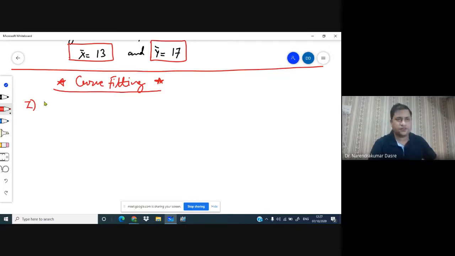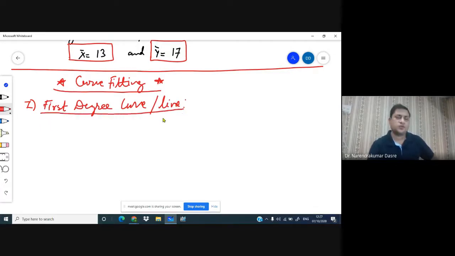So here we have first degree curve, or this is also called as line. Okay, so we have first degree curve, and this is called the line.